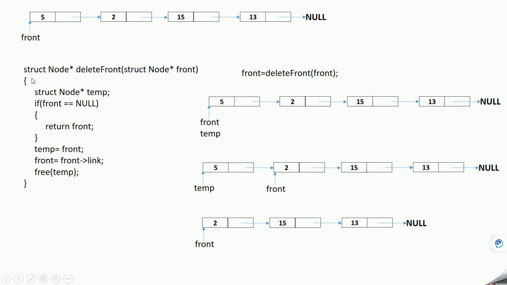If you see this code, it has the name delete front, and it takes a parameter of type struct node, and it returns a node. In case of empty, we are returning whatever is passed, so we have taken the return type as struct node. This code is written in C programming style.